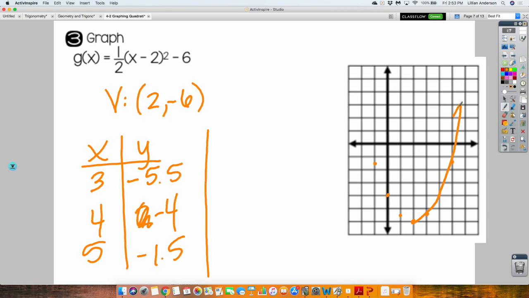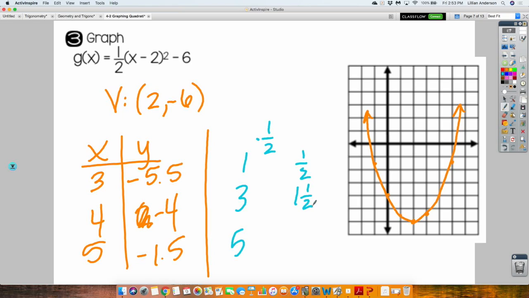Now, if we use the pattern, remember the pattern is 1, 3, 5 normally. So up 1, up 3, and then up 5, always over 1. But no matter whatever the a value is, you have to multiply that pattern by the value of a if you want to use the pattern instead. So that means it's going to be 1/2, 3/2, or 1.5, and then 5/2, which is 2.5.